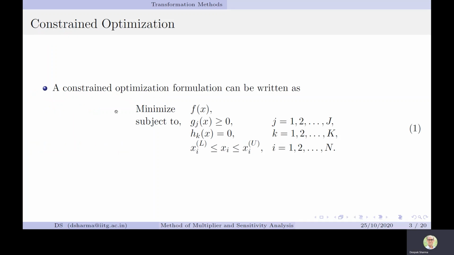As we have understood, a constraint optimization formulation can be written as minimization of a function, which is subjected to inequality constraints, equality constraints, and we have variable bounds.